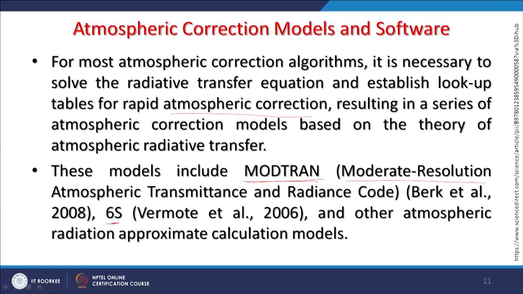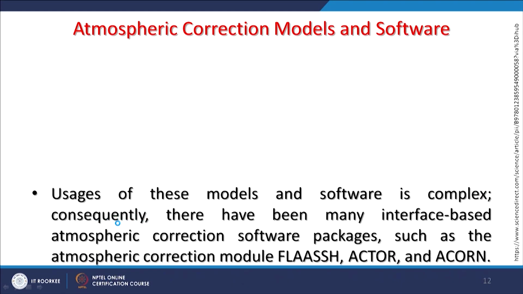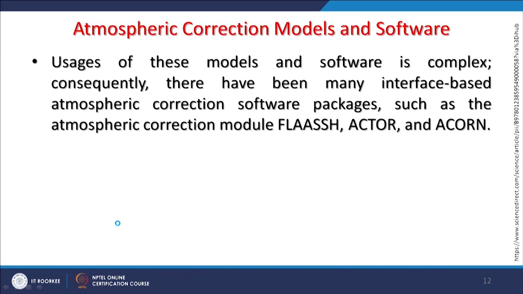Then there is 6S, and other atmospheric radiation approximation calculation models are also available. Usage of these models and software is complex, and that is why not everyone would be developing their own.